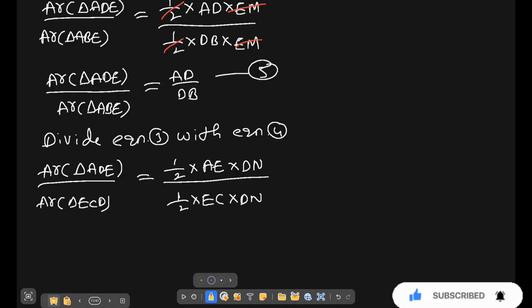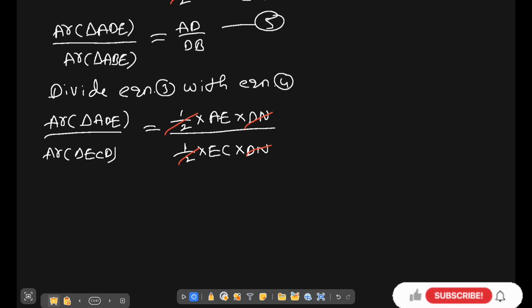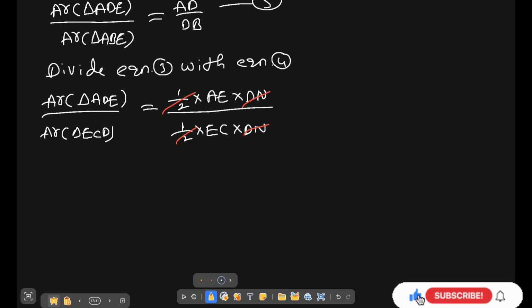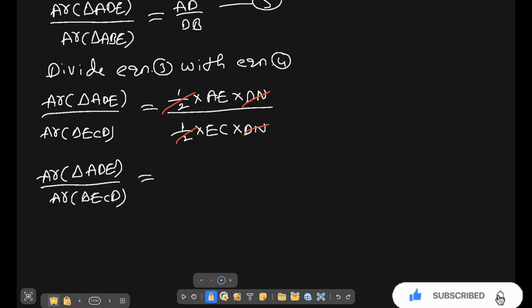Half gets cancelled, DN gets cancelled. So area of triangle ADE by area of triangle ECD is equal to AE by EC. So let's go back to the figure.